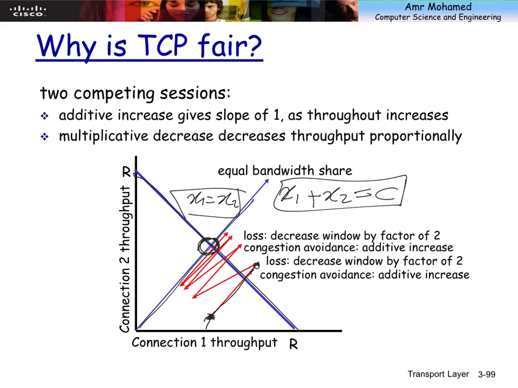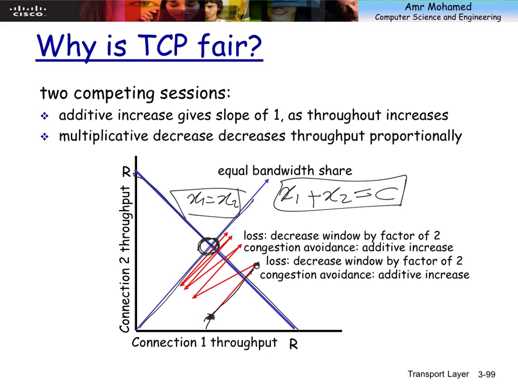In that case, remember that if you have multiple connections competing on the same link, statistically, the probability of packet drop from each one of these connections is probably the same, okay? In which case, on average, if one has an event of packet drop, probably the next time the other one will have a packet drop.